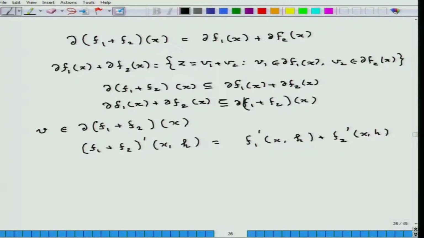So, once I have this, what does this mean?